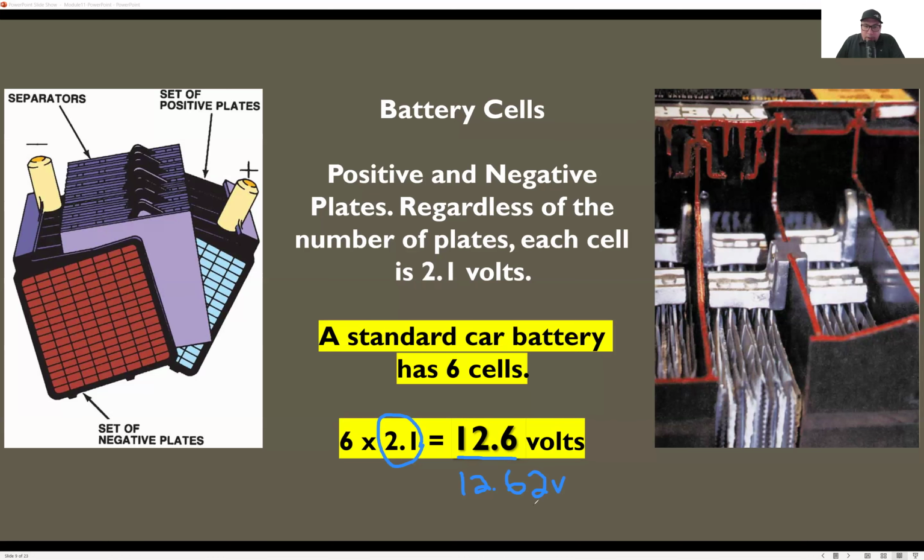So we're really just going to say that they are 12.6. Okay. We have been saying up to this point that they're 12, but in reality it is 12.6, and that does matter. And I'll show you why it matters in a minute, because you'll notice that the voltage, as it drops, goes down really fast, the percentage of charge as it's related to the amount of voltage.